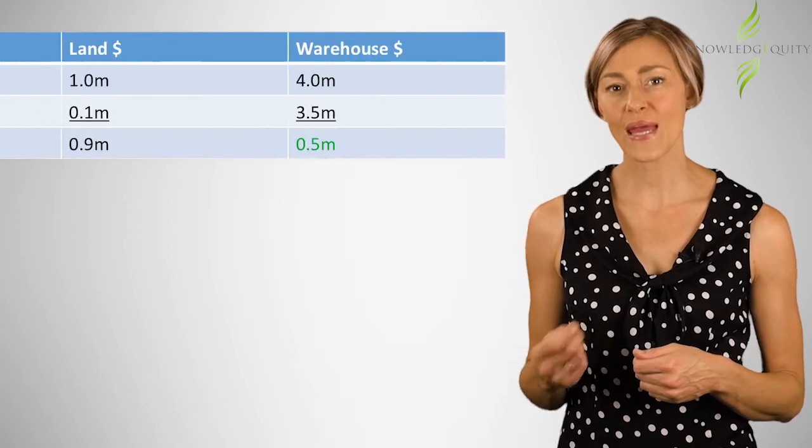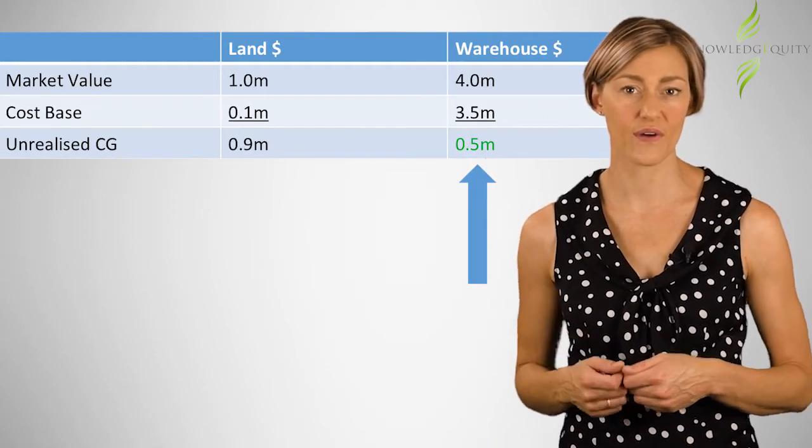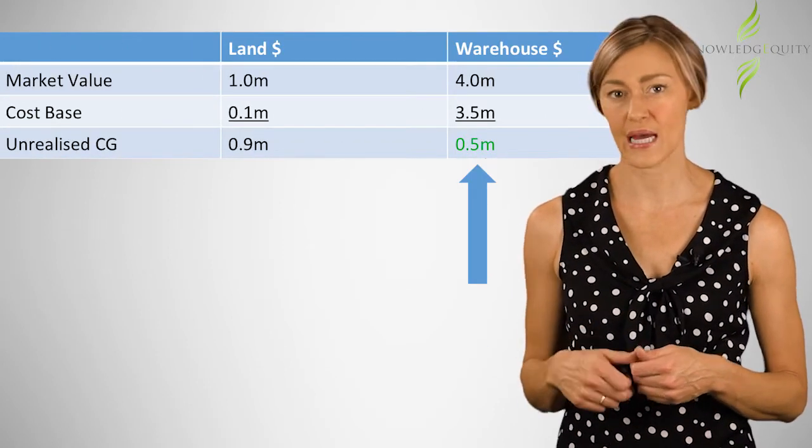For step 2, we work out how much of the $4 million proceeds from step 1 relates to the unrealised gains in the post-CGT property. So we have an unrealised capital gain of $0.5 million relating to the warehouse.